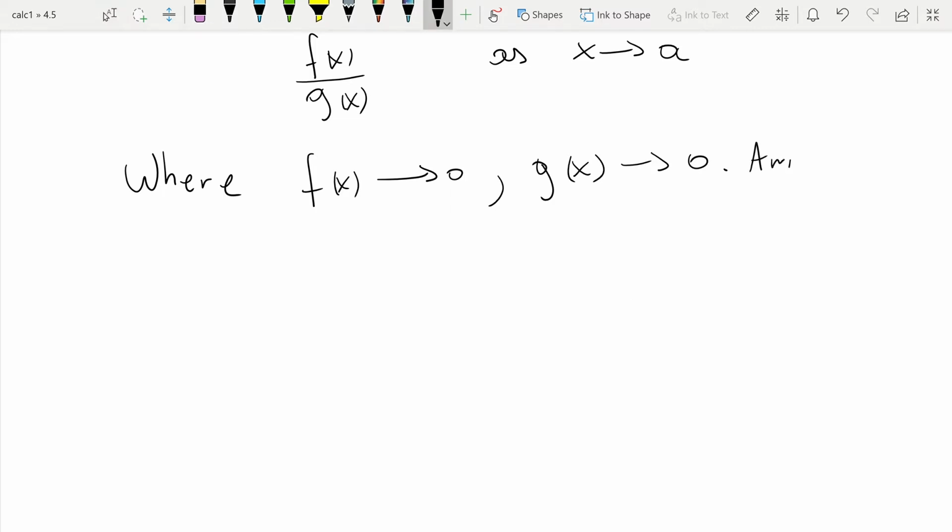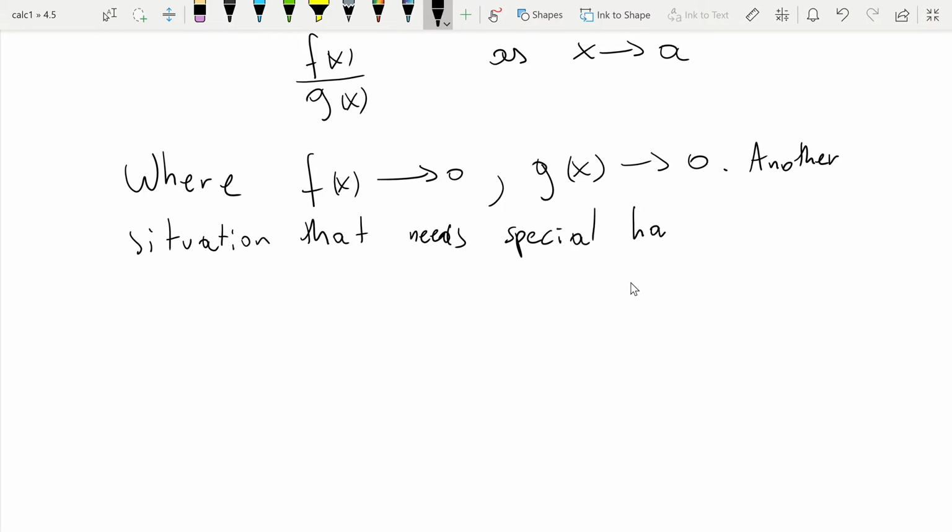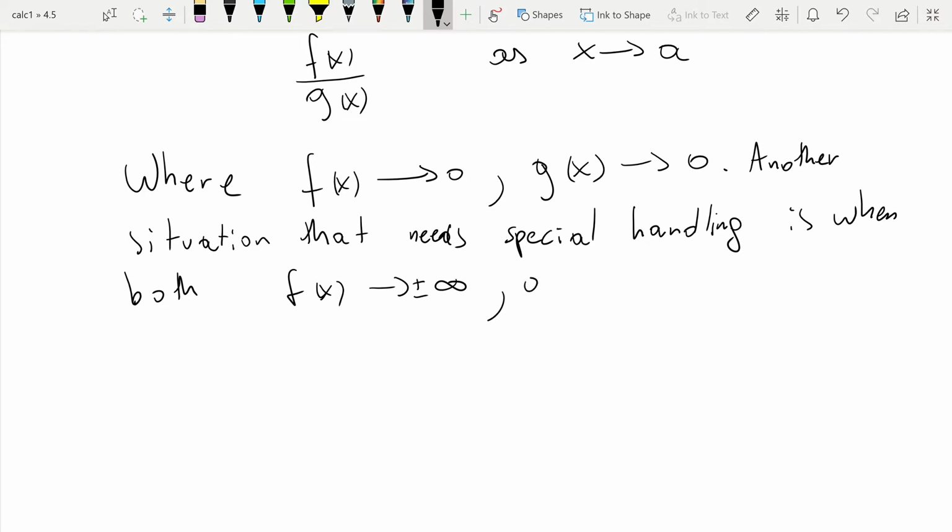Another situation that needs special considerations to handle it is when both f and g go to plus or minus infinity.